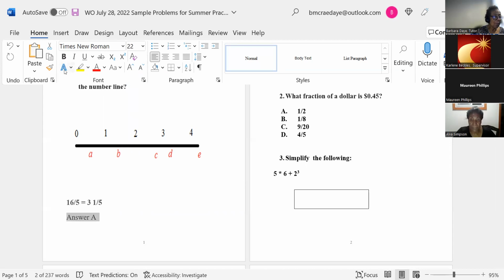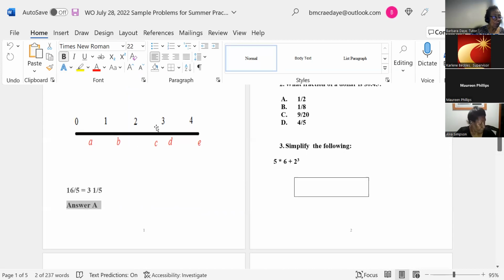Yes. So it has to be between 3 and 4, and the only letter between 3 and 4 is the D.